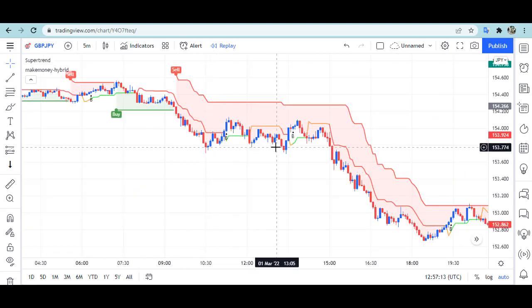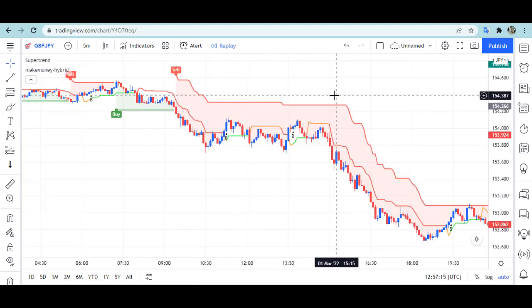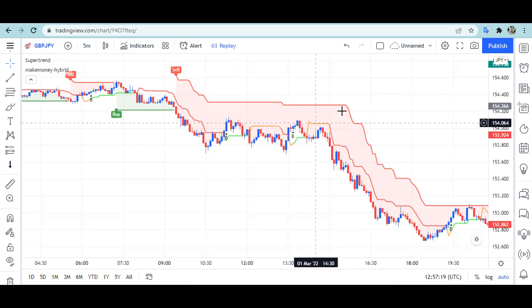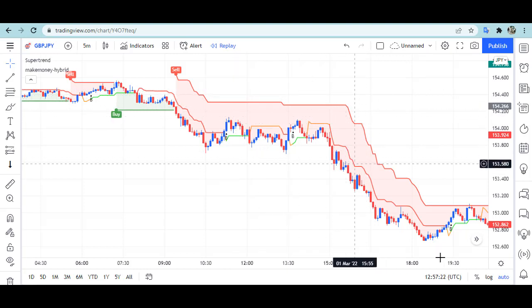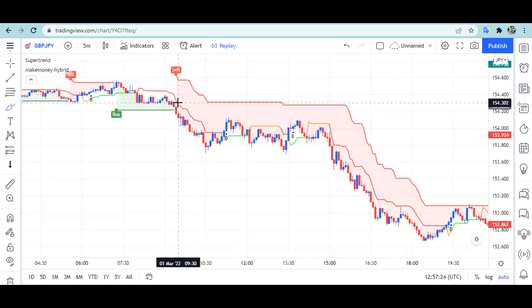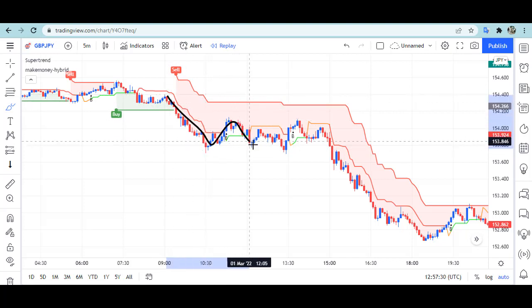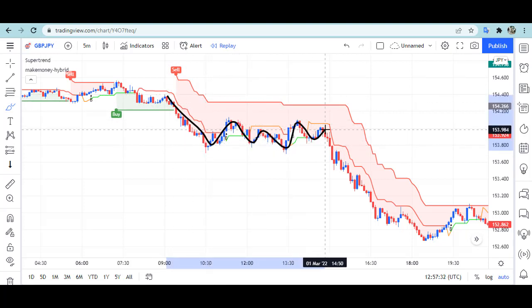For sell signal, we need the price below the 2 indicators, and the 2 indicators are red, and like the buy signal, we wait for the market to go into a consolidation or a trading range.